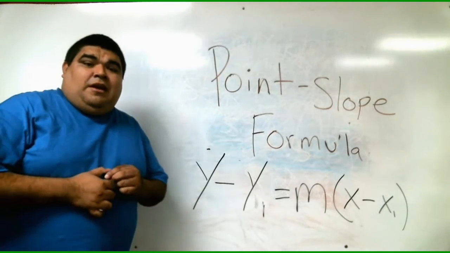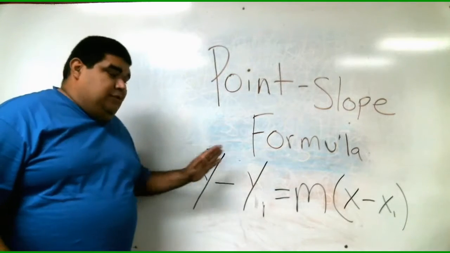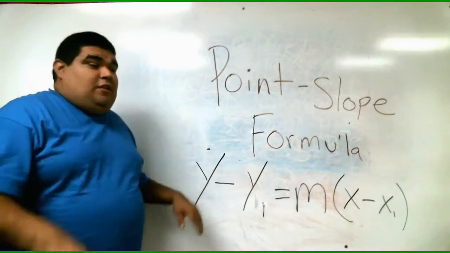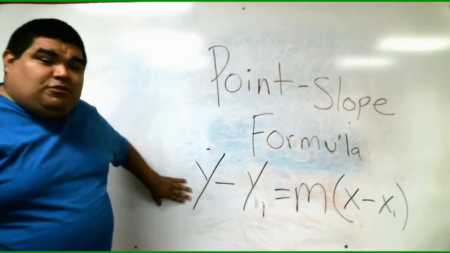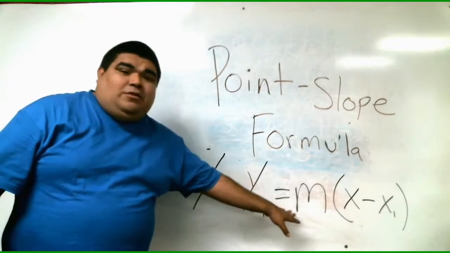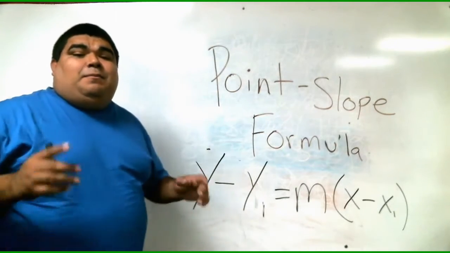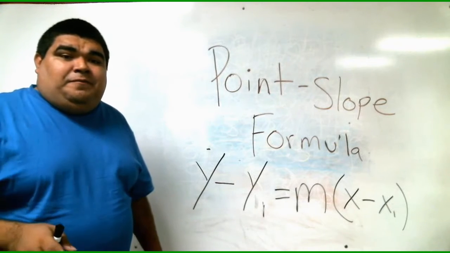It might look a little complicated. Don't stress out. We're going to work on it together. So make sure you write it down in your notes. Point slope formula, and then the formula, which is y minus y1 equals m parentheses x minus x1. Okay? If you need more time, pause the video.